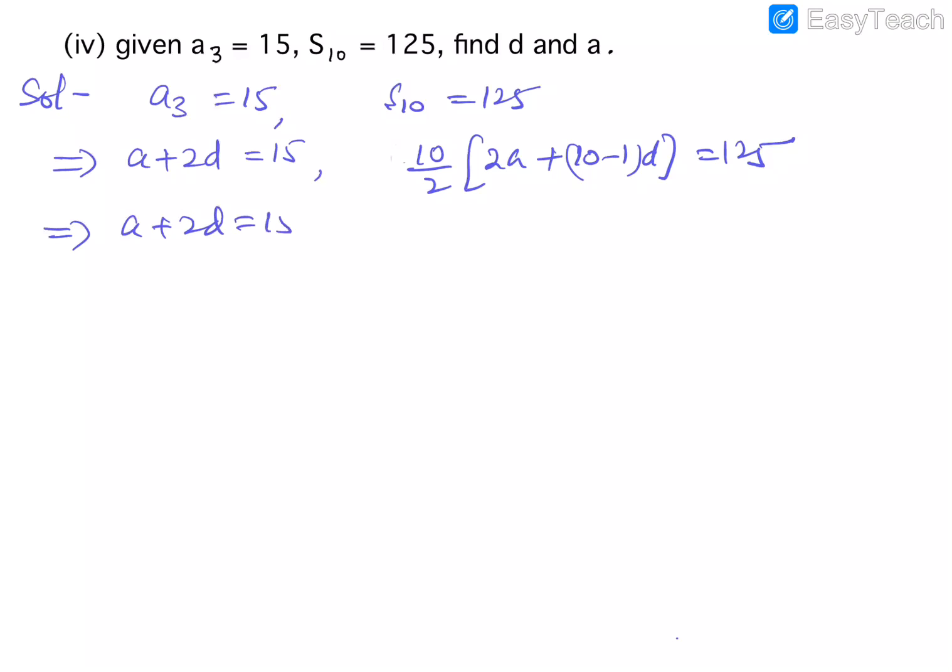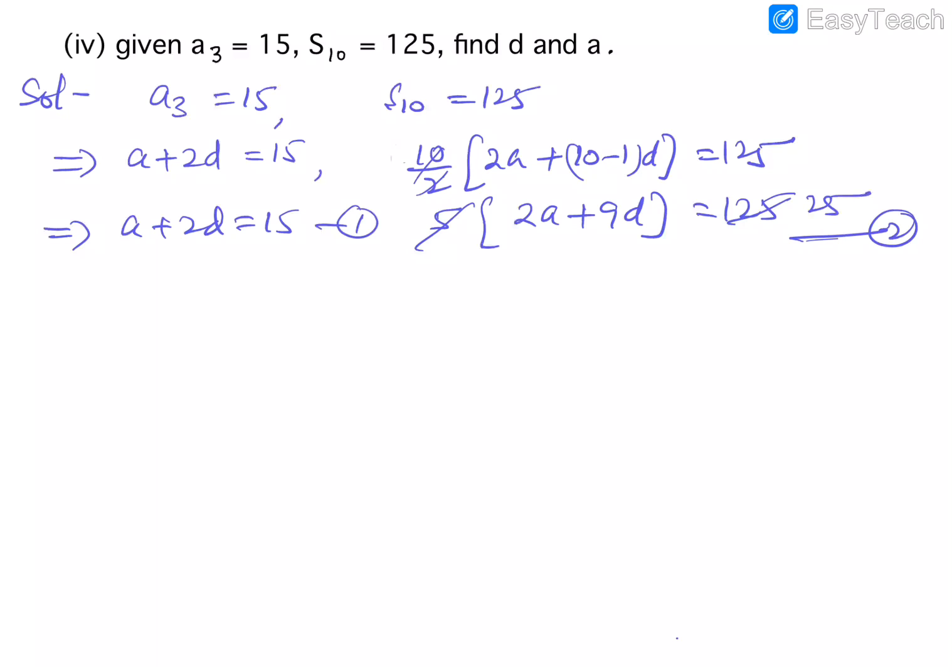This is equation number 1. This becomes 5, 2a plus 9d is equal to 125. Cancelling this, so this is equation number 2.